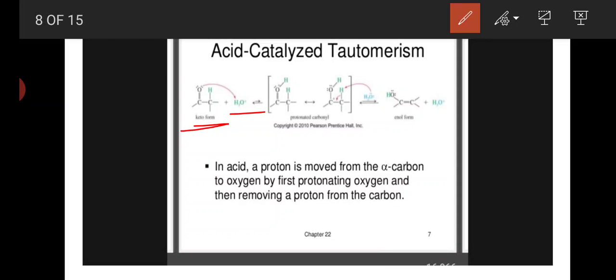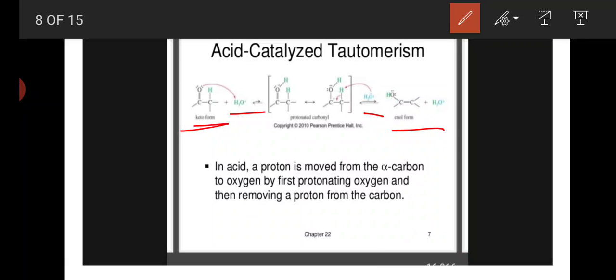First a proton attaches to the oxygen and forms an intermediate compound, that is a protonated carbonyl compound. After that, this protonated carbonyl compound loses one hydrogen and is converted to enol form. This is catalyzed by acid.